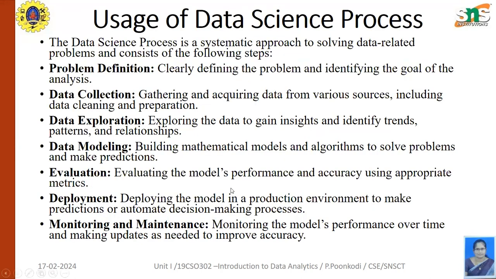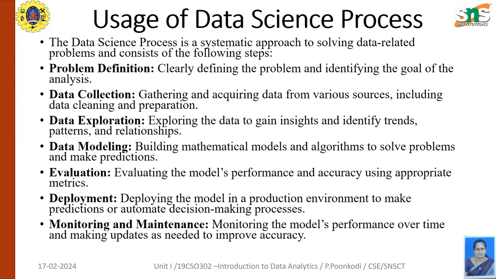The next one is the usage of the data science process. The data science process is a systematic approach to solving data-related problems. For that, they use these 7 steps: problem definition, data collection, data exploration, data modeling, evaluation, deployment, monitoring and maintenance. Okay. Problem definition clearly defines the problem statement and identifies the goal.